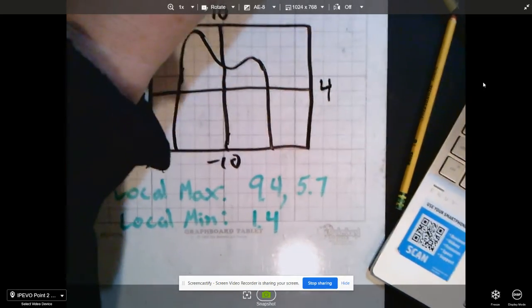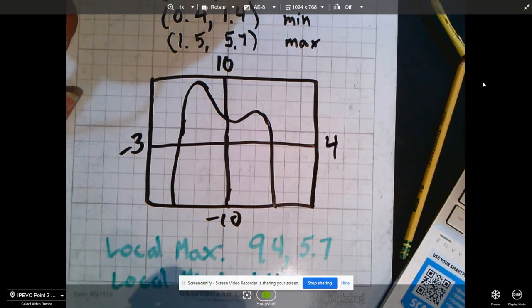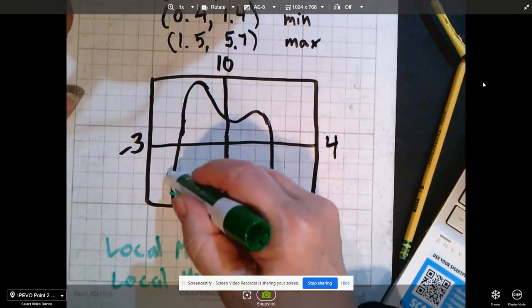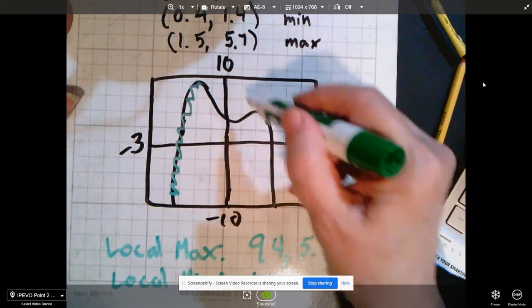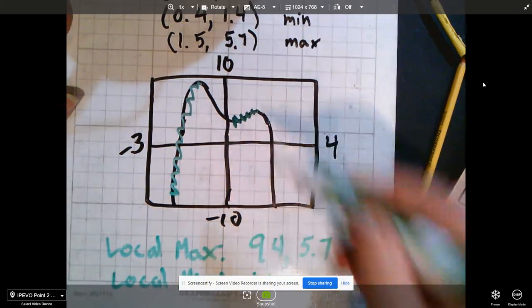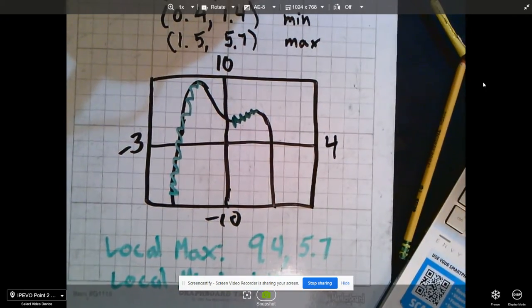Now you have to find your increasing intervals. So you have to say, all right, where is my graph increasing? And it's where are your Y's increasing? Hold on, let me just write interval. All right. So if you look at your graph, my Y's are increasing in this area, but they're also increasing in this area. So I have 2 increasing intervals.